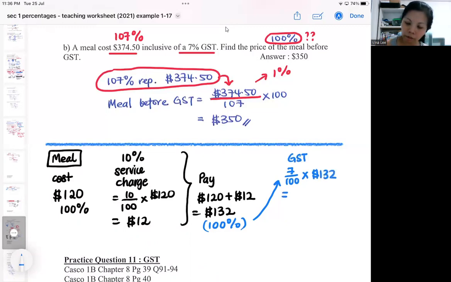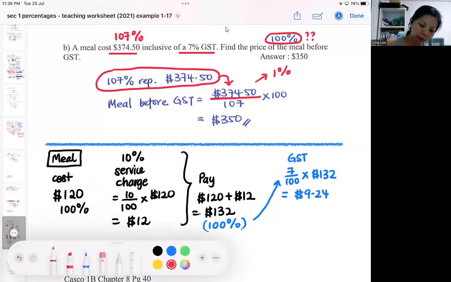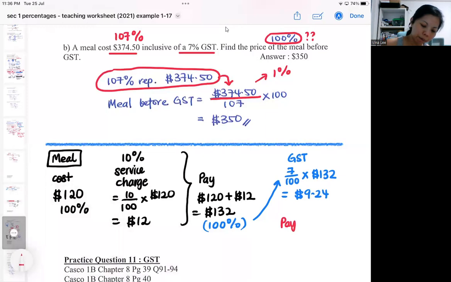So you will get $9.24. So this $9.24 goes to the government. But when you finally pay the final bill, you are paying the $132 and the GST.